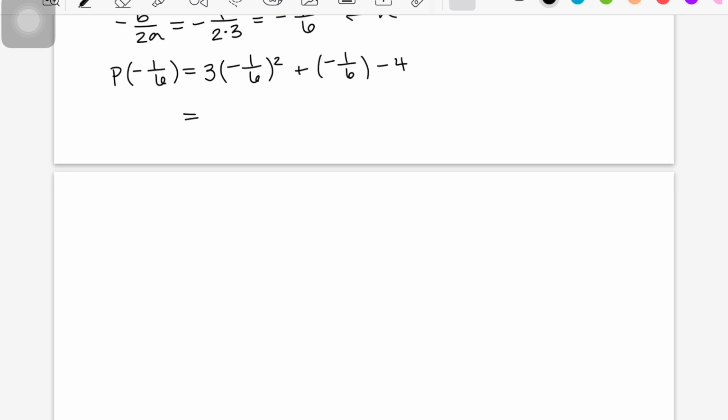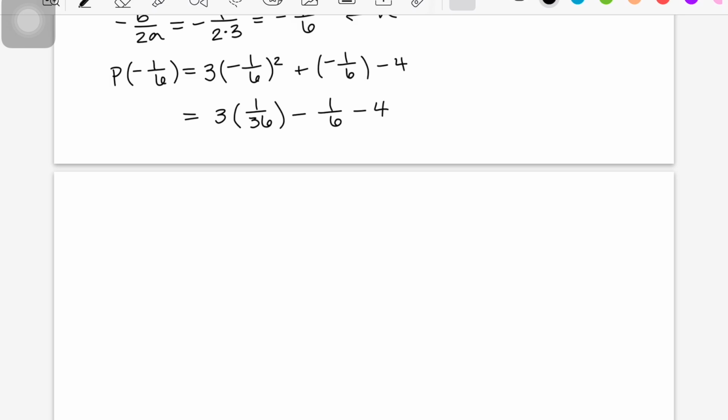Alright. So this gives us 3 times 1 over 36. We're going to square the numerator and the denominator. So we'll get 1 over 36, and we're doing this to the power 2, so this negative goes away. And we're subtracting 1 over 6 and 4.